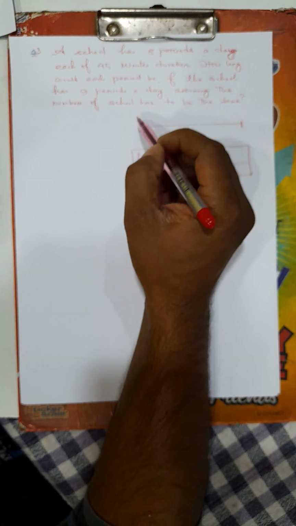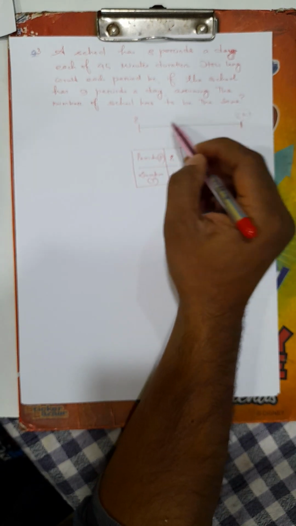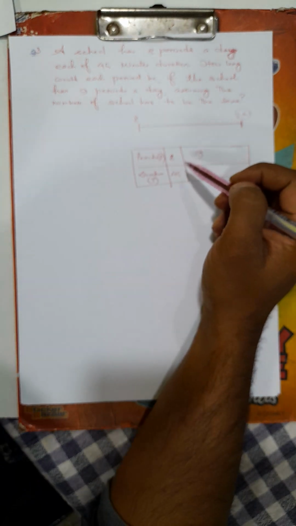Now see, school duration is same. Say school duration is suppose 8 to 2 p.m. Suppose. Now if you increase the number of periods, then duration of the period will be less. Right? So this is suppose P1 and this is T1, this is P2, this is T2.